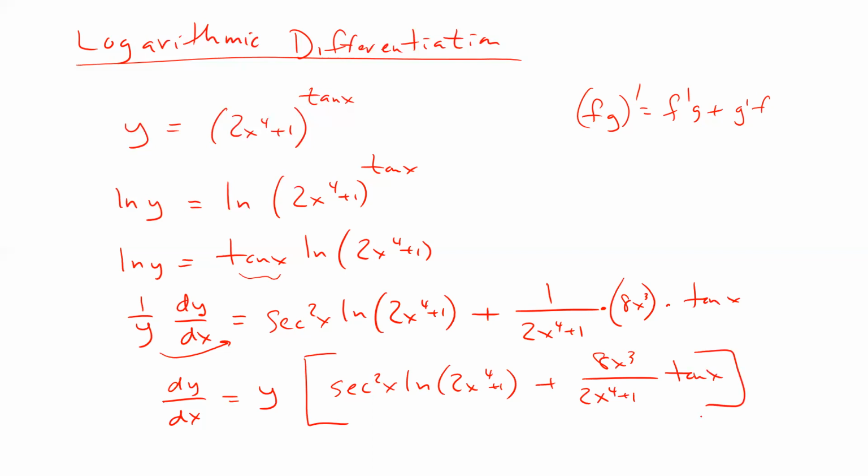One more step. What is that one more step? We've got to convert the y back to its original form, right? So this little y becomes back to what it was here.